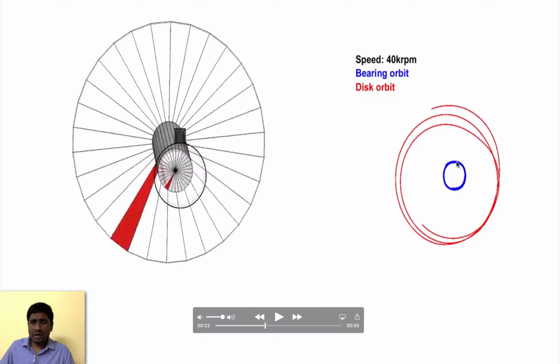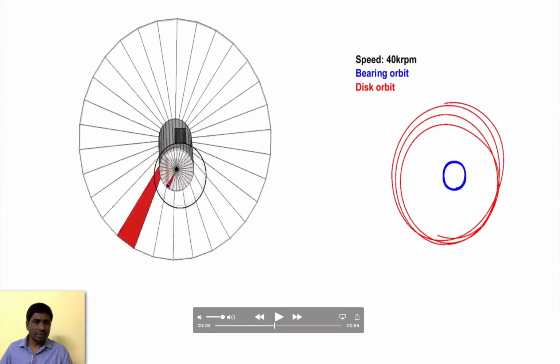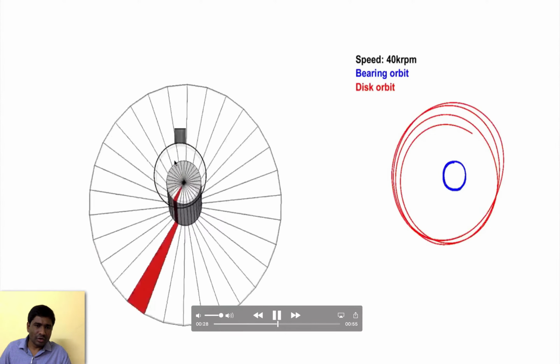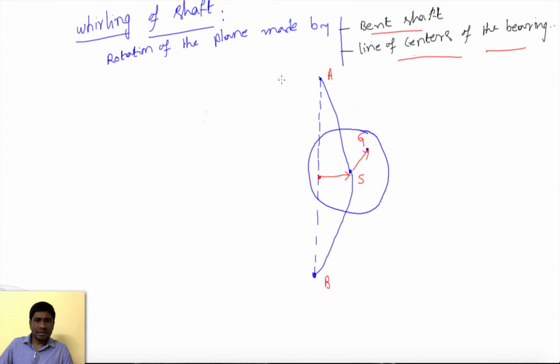This blue color motion is tracing the motion of that particular point on the shaft. The red color plane, as a body, is also rotating, and the shaft itself is rotating because the disc on it is rotating. So this is the system when the shaft and disc are rotating.